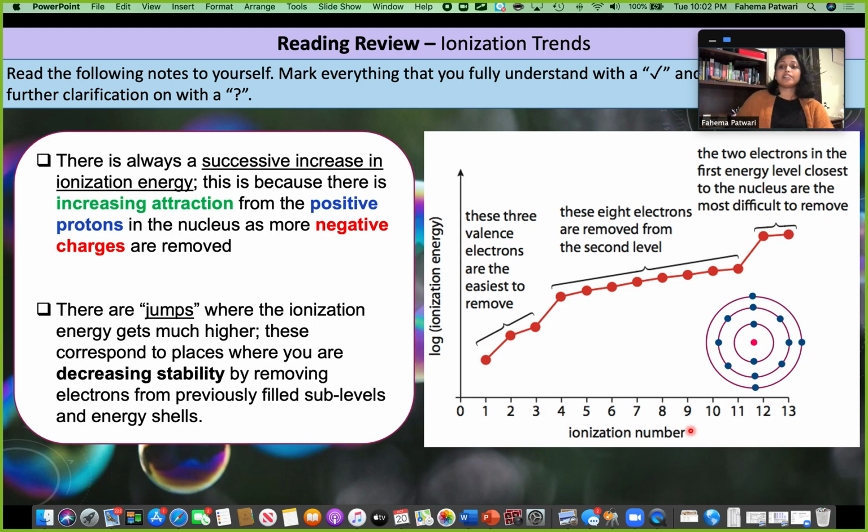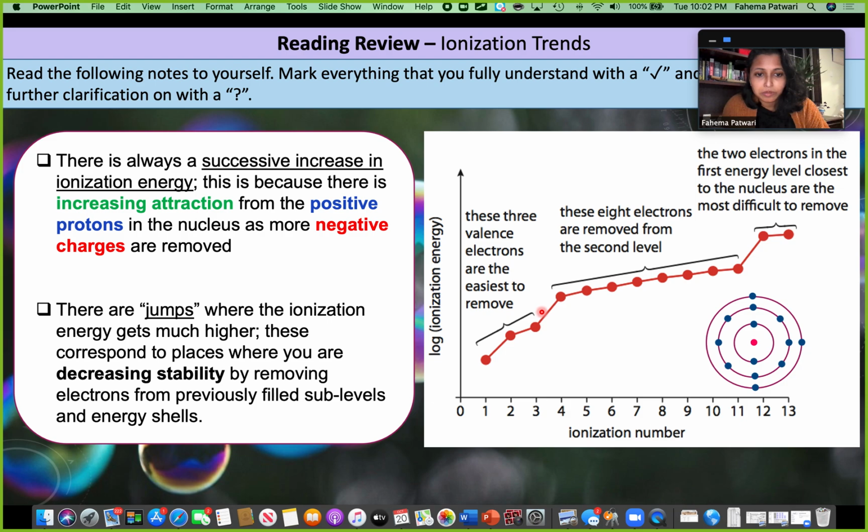Right, so again, there is always a successive increase in ionization energy. The second electron always takes more energy than the first, the third even more. This is because as your atom becomes more and more positive, there's an increasing attraction for the electrons that are remaining, and it requires more energy to remove them.